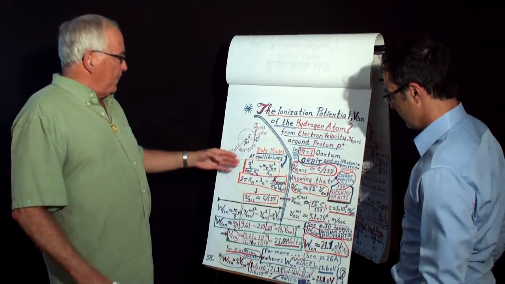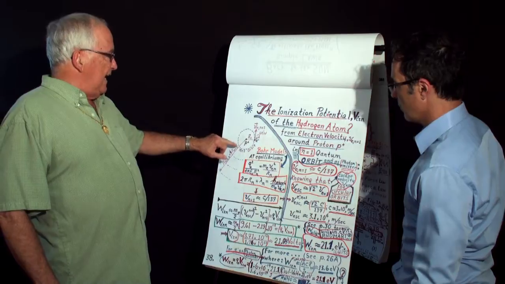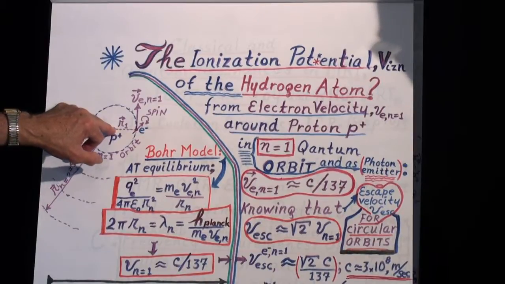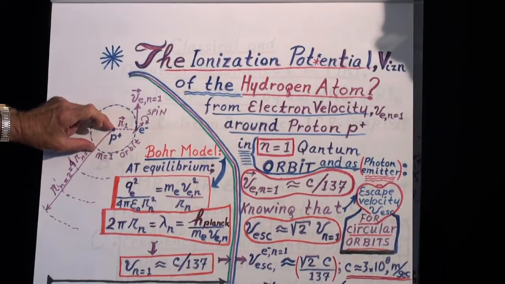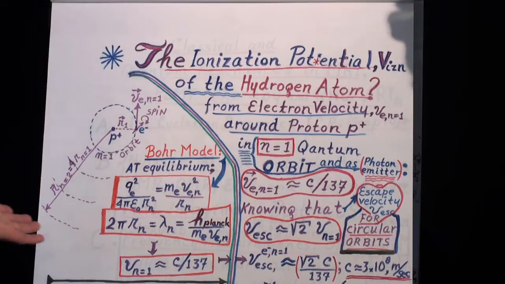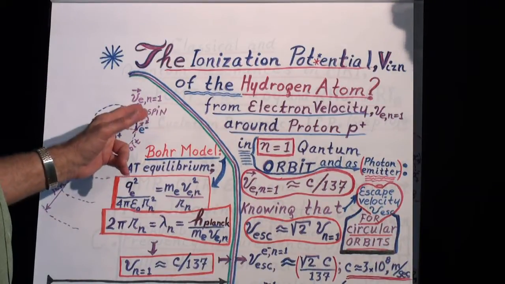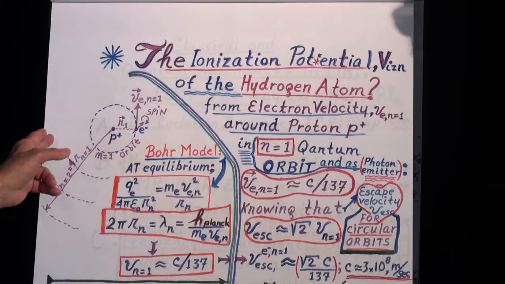Just equating the electrical force attracting the electron and the proton, because the gravitational force between the two is negligible, about 10 to the power 32 times smaller than the electric force. The gravitational force of attraction is almost nothing there. Okay. But centrifugal force is not to be neglected.